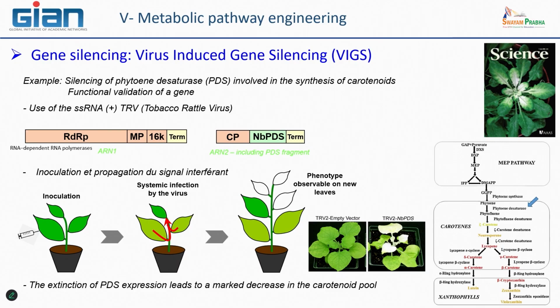We inoculate both of the two constructions into the plant. There is a systemic propagation of this virus particle. And after, what you observe is that the young leaves are not able to produce phytol, which means the experiment was good.